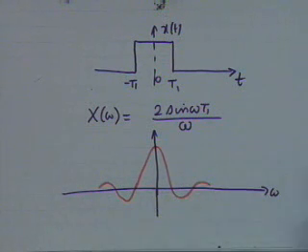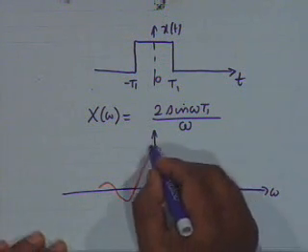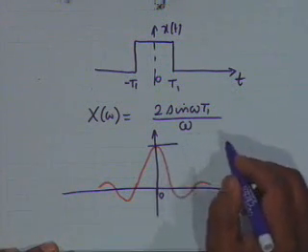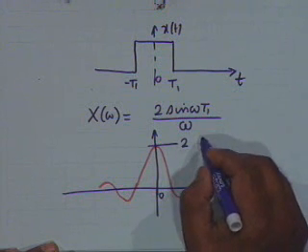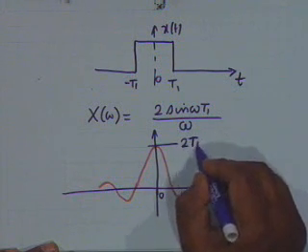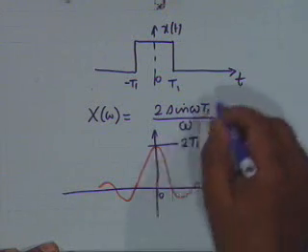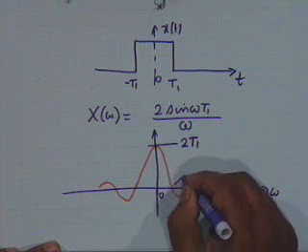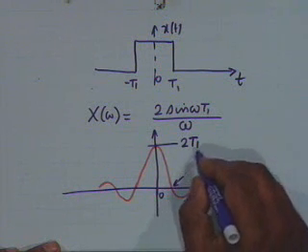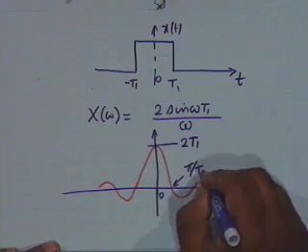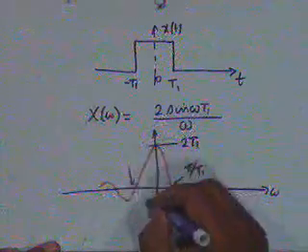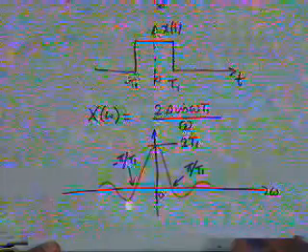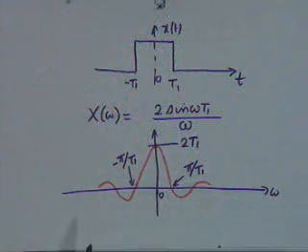The maximum occurs at omega equal to 0, and the value is twice t1. If you take L'Hopital, that is differentiate both and put omega equal to 0, the first zero is at pi by t1, and the zero on the other side is at minus pi by t1, and this amplitude gradually decreases as omega goes on increasing.